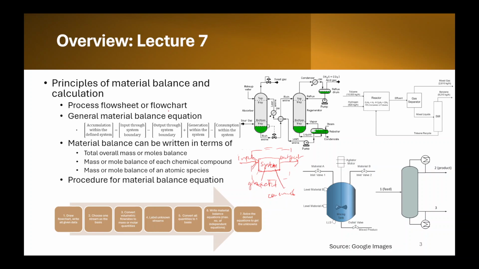If it is a steady state operation, the accumulation term will be zero because the inlet and outlet flow rates are the same, and there will be no accumulation within the system. And if there is no reaction happening, then there will be no generation or no consumption.